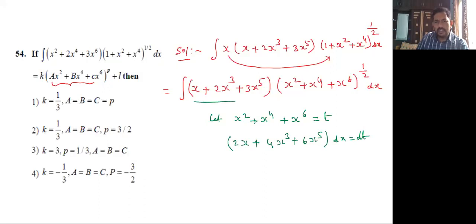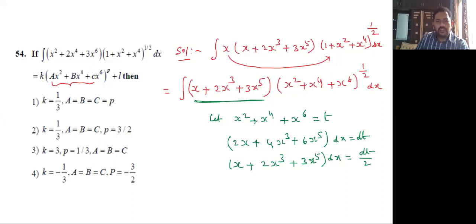Now, but observe here, x, 2x cube, 3x power 5. That's why take 2 common. We get x plus 2x cube plus 3x power 5 into dx. I have taken 2 common and sent it to the right hand side. It is going to be dt by 2.